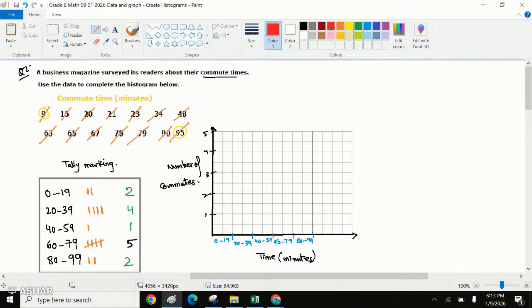So in the time between 0 to 19 minutes, how many commutes were there? There were two commutes, right? So we make a bar over here that shows two commutes. Agreed? Between 20 and 39, how many commutes were there? There were a total of 4 commutes. Okay? Do we agree on this?